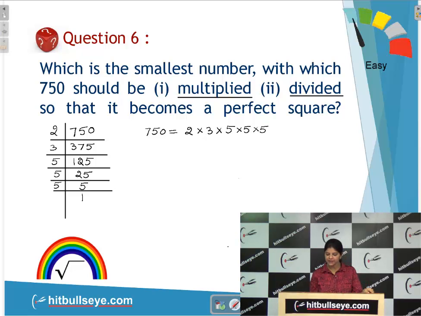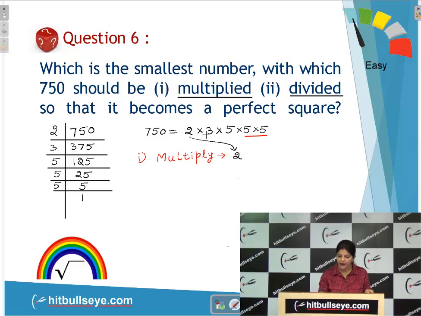Now, as we discussed, friends, in the factorization method, we should make pairs of the similar factors. But here, friends, we are able to complete only one pair. So, in the first part of the question, that is, what needs to be multiplied, whosoever number's pair is not complete, we have to complete that factor.